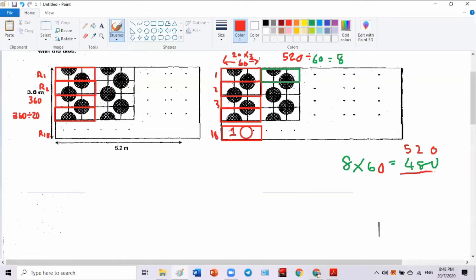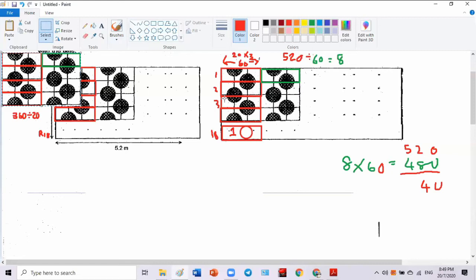520 minus how many more? 40. 40 more. That means 2 sets of tiles, right? Girls and boys. You understand? That means if I completed it, you know what's going to happen? Okay, let me duplicate this.